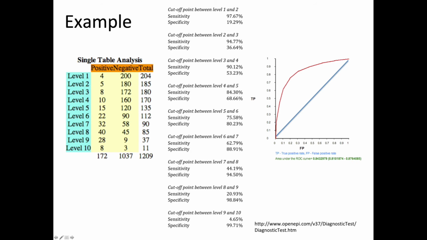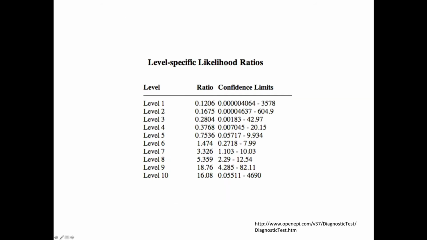And so now you could calculate, if you have a hypothetical cutoff point between each level, what the sensitivity and specificity is at those points, just like using your 2x2 table example, or this calculator will do it for you, and then plot a ROC curve for this hypothetical test. And then you could also calculate level-specific likelihood ratios, both positive and negative, along with confidence intervals.